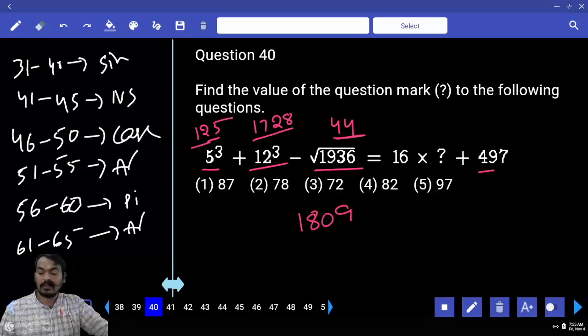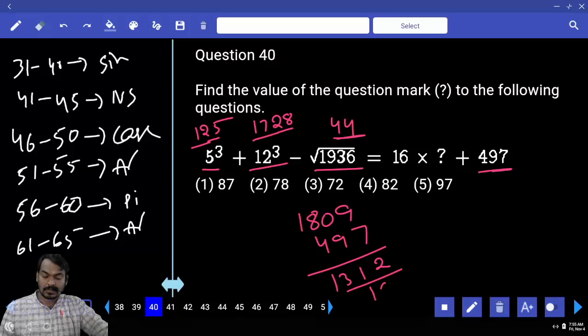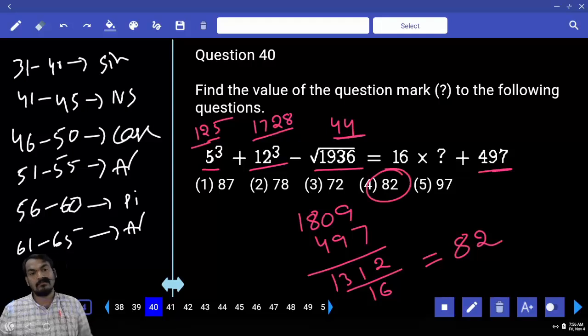In this one, how much value are we subtracting? 497. What is the difference? 9 minus 7, 2. 10 minus 9, 1. 17 minus 4, 1300. It is divided by which one? 16. 16, 8 times how much? 128. Remaining value 32. 2 times, 82.